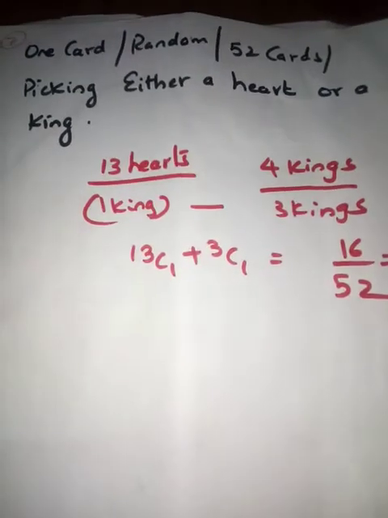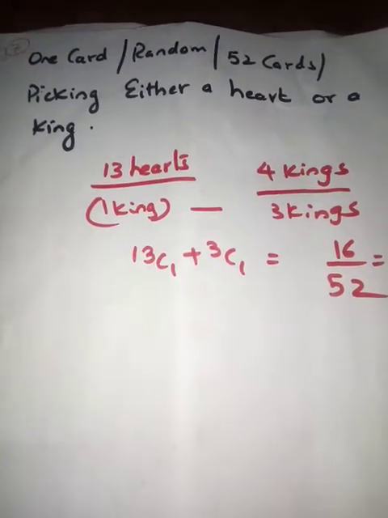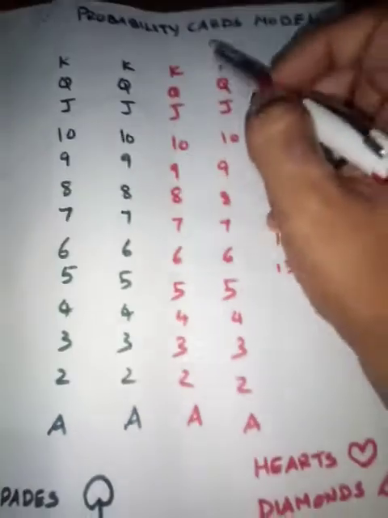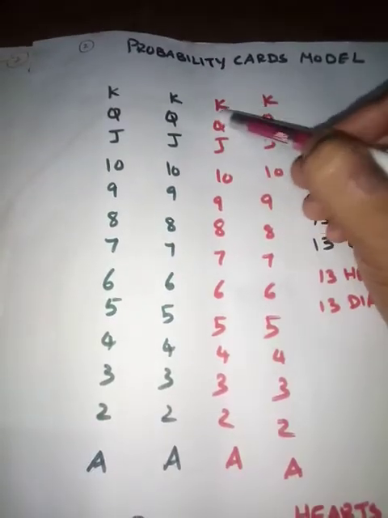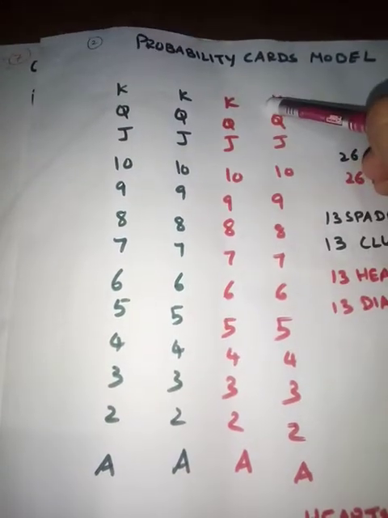Now coming to the question, there are 13 hearts, I am going to take one from that, or a king. Totally, as we know, there are 4 kings. You can see it again, 1, 2, 3, 4. In these 13 hearts, one king is gone. So remaining there are 1, 2, and 3.